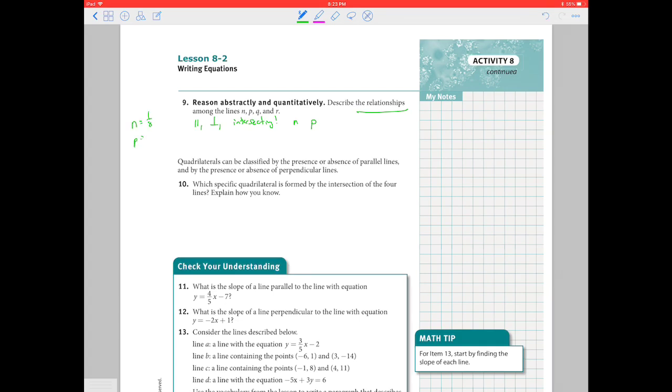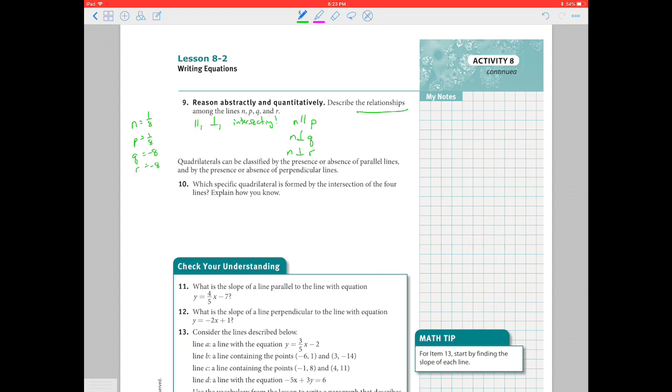The slope of P was 1/8. The slope of Q was -8, and the slope of R was -8. So now we don't have to use the graph since we have our slopes. N and P were parallel. N and Q, if we look at their slopes, they're opposite reciprocals, perpendicular. And then lastly, N and R, they are also perpendicular.